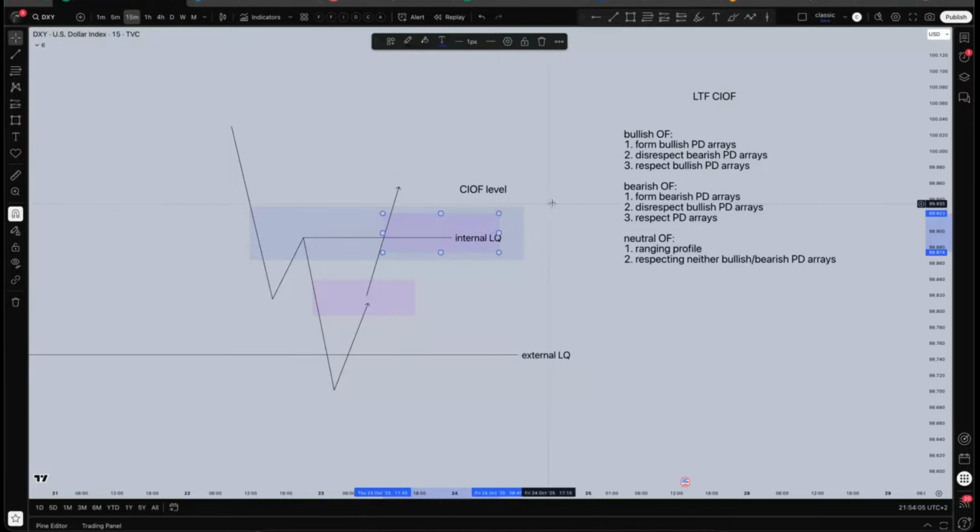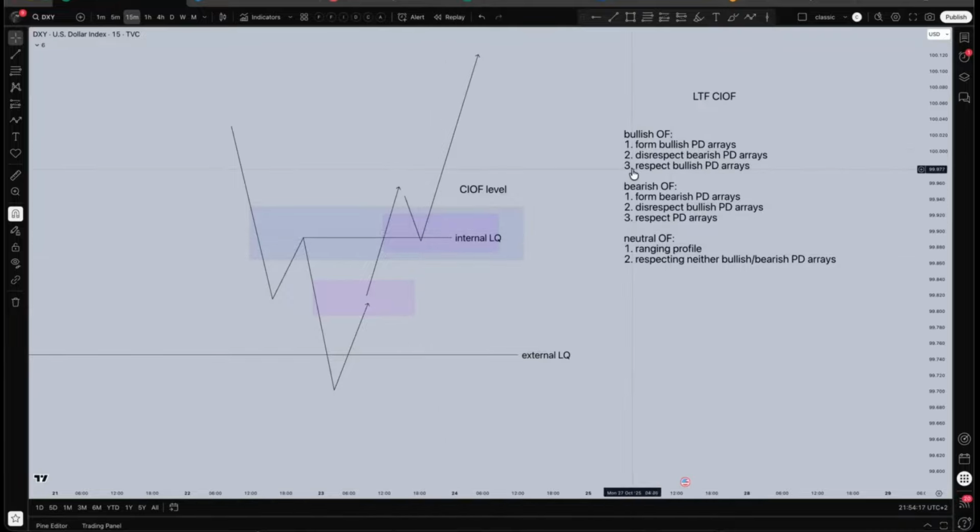And then that's where you want to see price use that level to expand higher from. And if you view this from the lens of a market maker buy model, this would be the low risk buy. Now, if price is indeed not using this bullish key level to expand higher, then we still have a bullish order flow, since all three criteria of bullish order flow are met, all right?